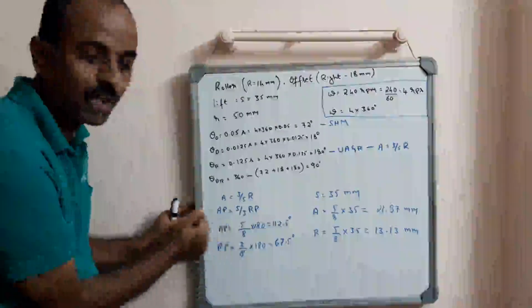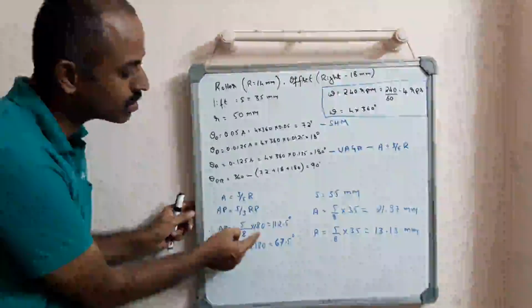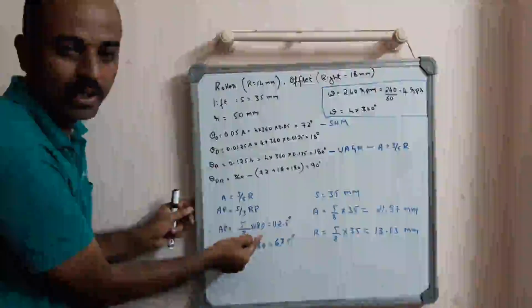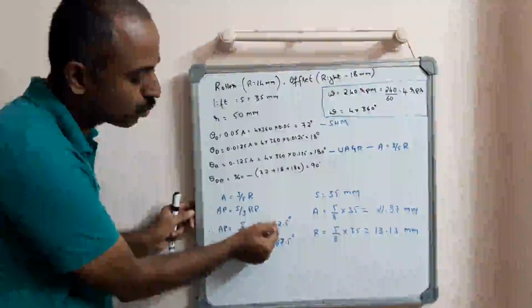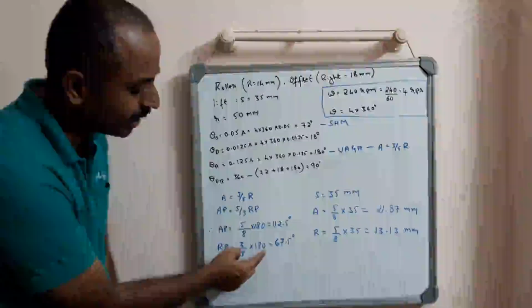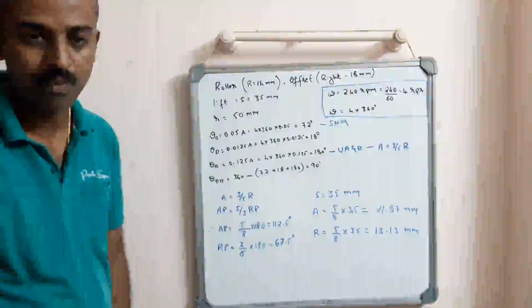Therefore, acceleration period is equal to 5 by 8 of 180 degrees, because the angle covered for return stroke is 180 degrees. 5 by 8 of 180 equals 112.5 degrees. And 3 by 8 of 180 degrees is 67.5 degrees for retardation period.